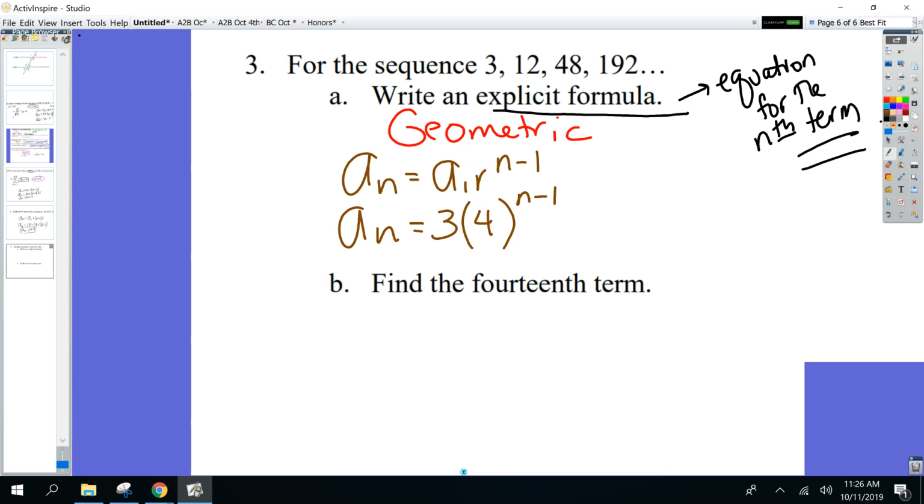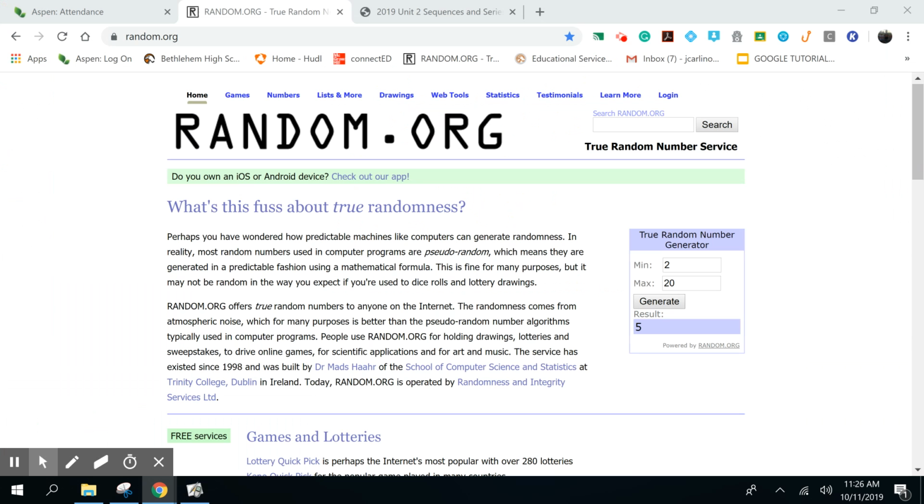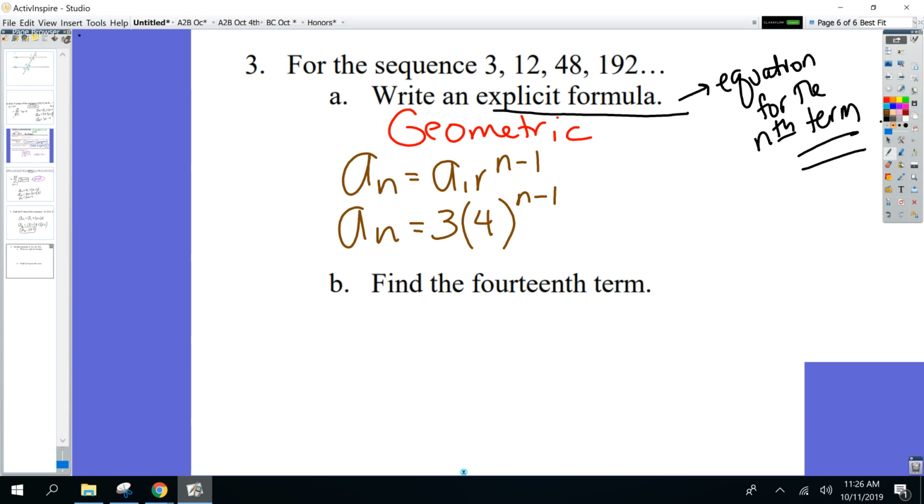14th term. How are you going to use it to find the 14th term? Explain, little explanation for me. 4. I got the formula for it. Plug in for what? Yep, so A14 equals 3 times 4. Sorry, go ahead, Sarah. Done.